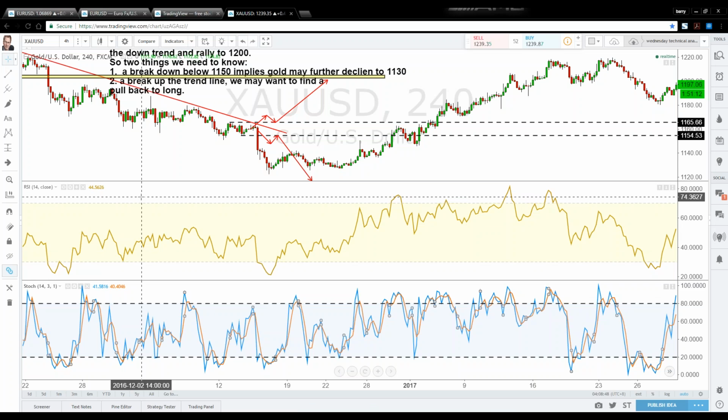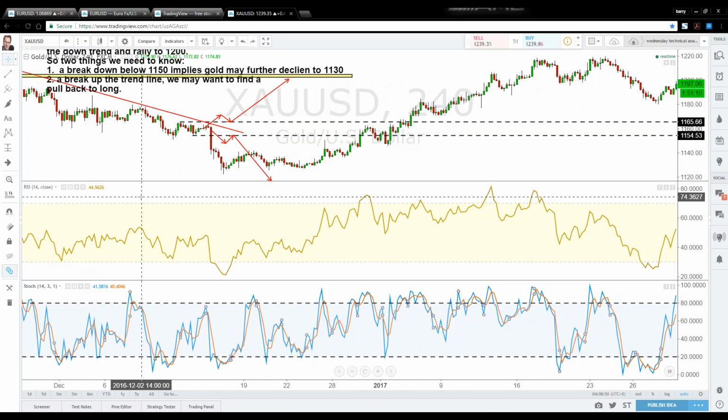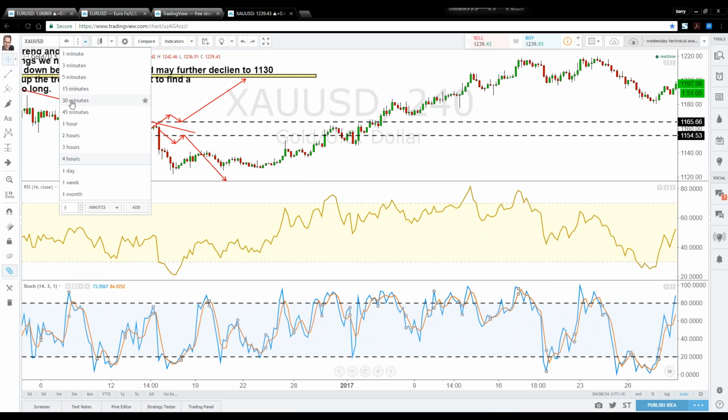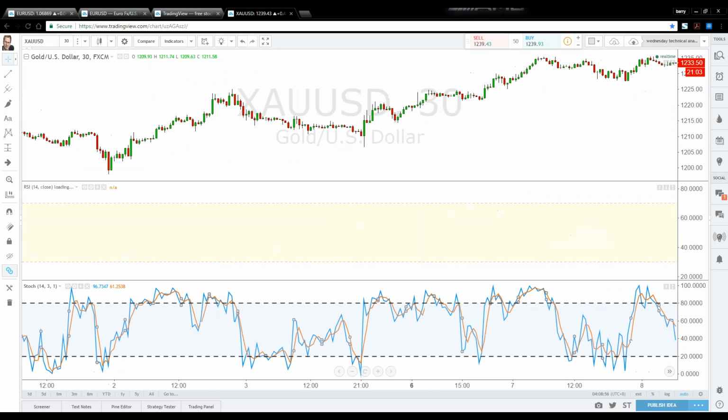Okay, so we're looking at a gold trading chart. We were looking at a 4-hour chart, but it doesn't make a difference. We'll click down to a 30-minute chart.